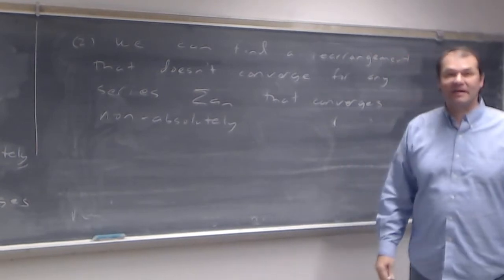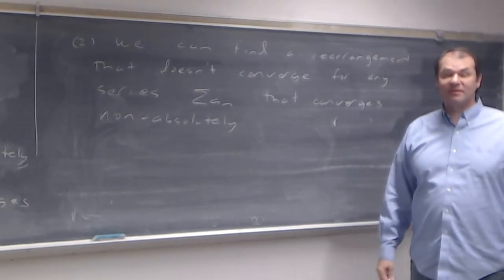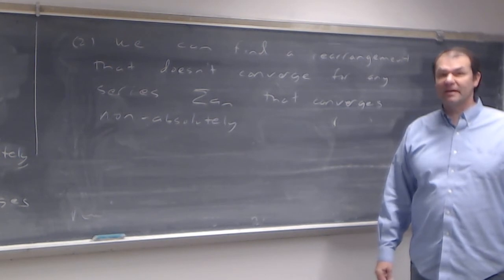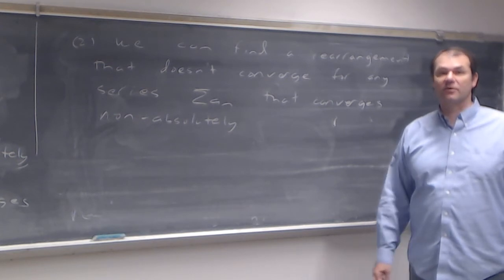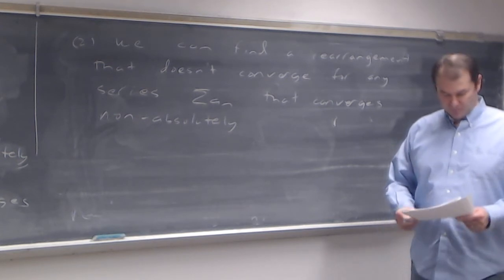It's just kind of shocking. So you can come up with a rearrangement that won't converge even though the original series does converge. And you can do a rearrangement that will converge to any number you pick, even though the series converges, as long as it doesn't converge absolutely.